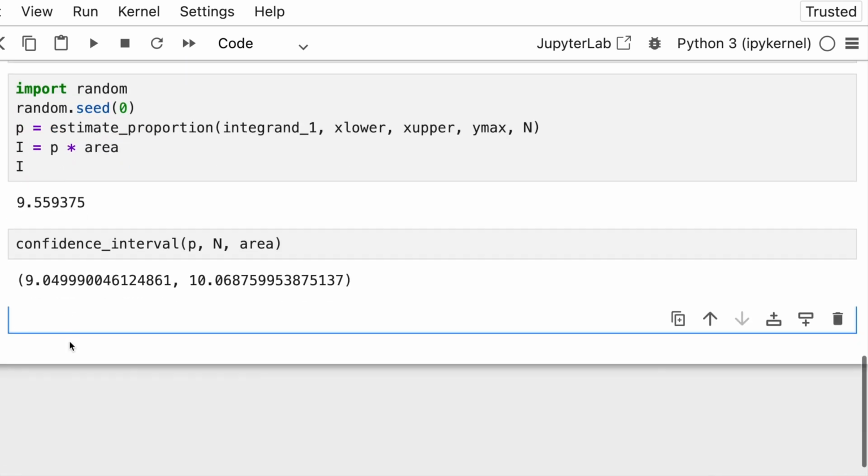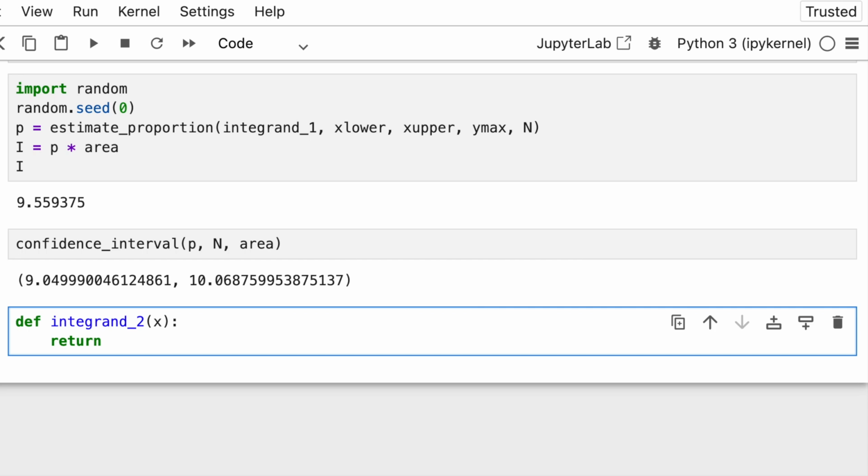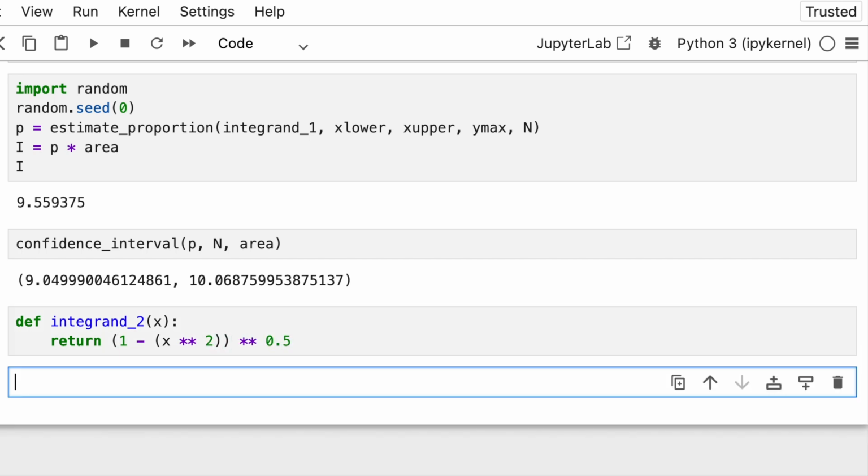Okay, now for the second question, we can use the same functions again. We just need to define what the second integrand is, and in this case that is the square root of 1 minus x squared. Now consider what our sample area should be.